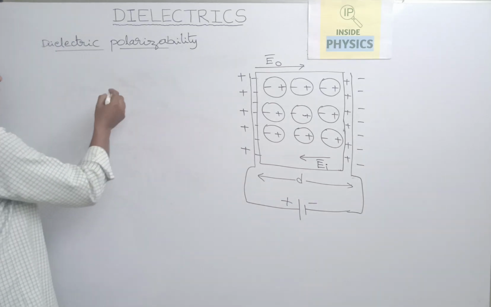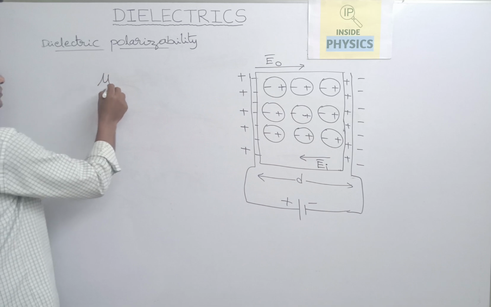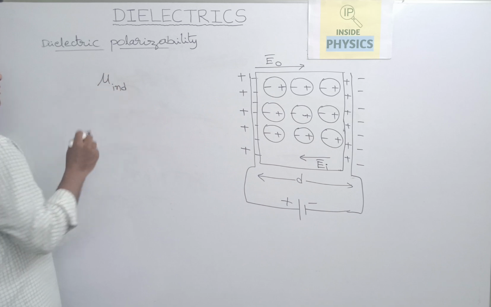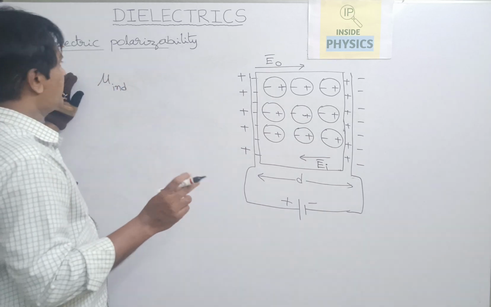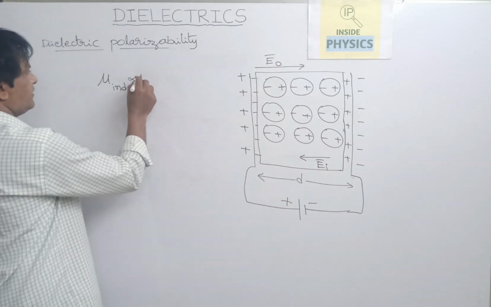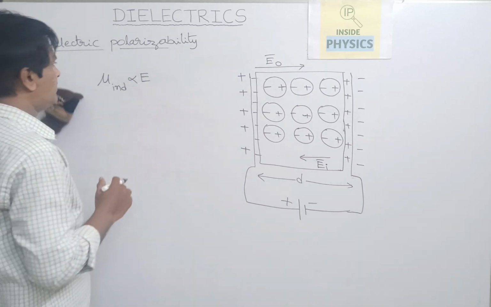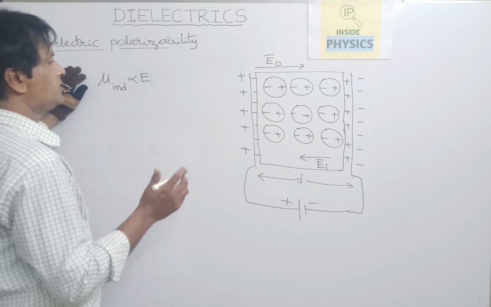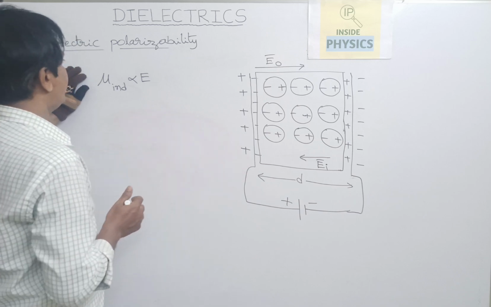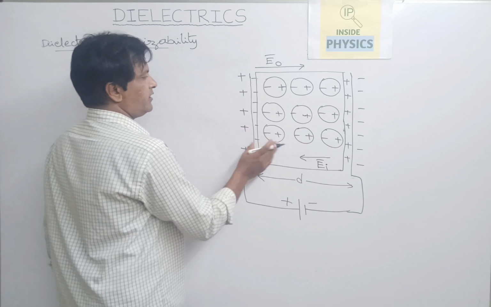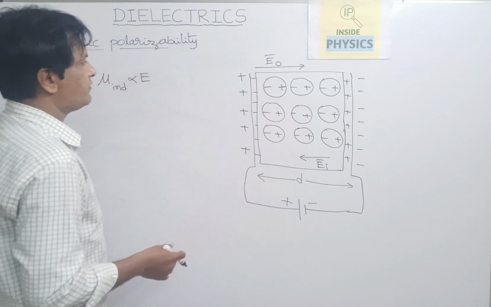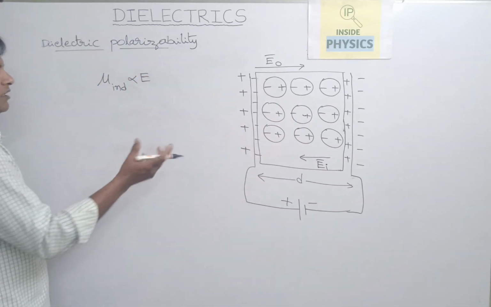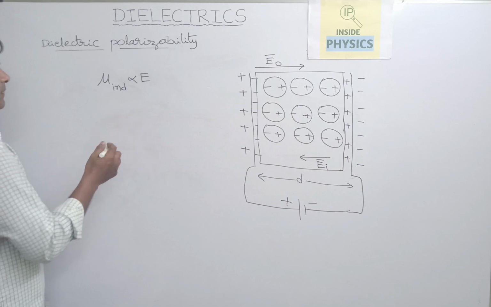The polarizability is related to the polarization as follows: the induced dipole moment is always proportional to the external applied field. That we already discussed, and we clearly know that the induced dipole moment is directly proportional to the applied field. If you increase the applied field, the induced dipole moment will also increase. A strong orientation happens inside the material.